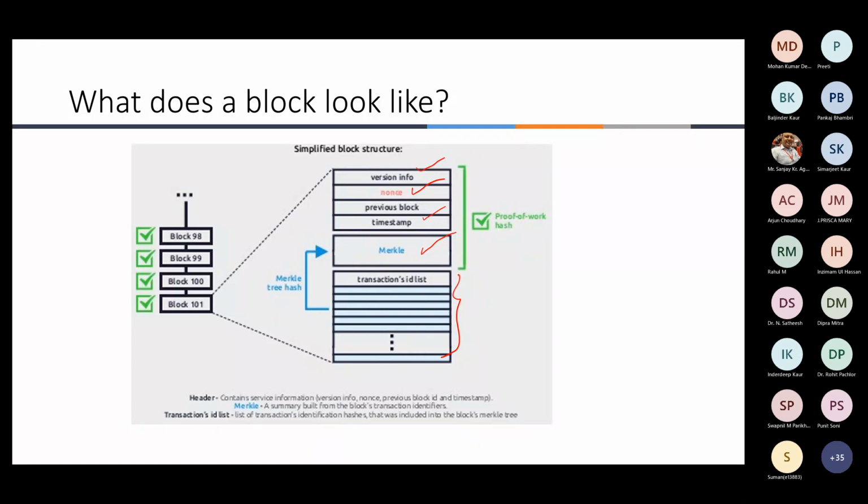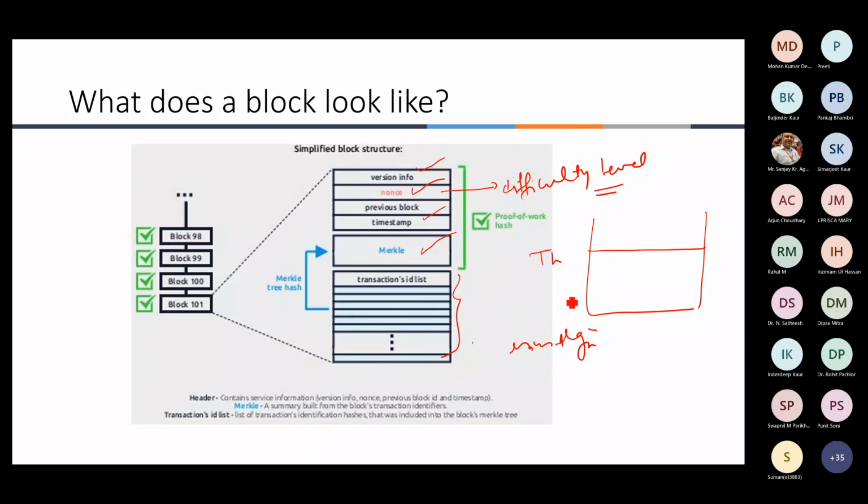So nonce is all about the difficulty level of any block. This can be viewed like this. Here we have the mechanism of the consensus algorithm. We set a certain threshold value, and we use the property of the hash function.